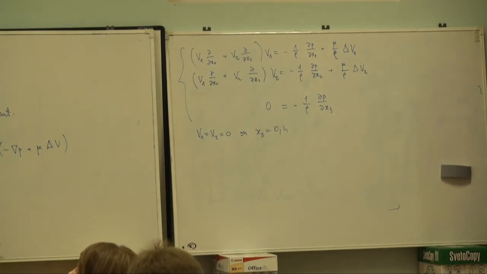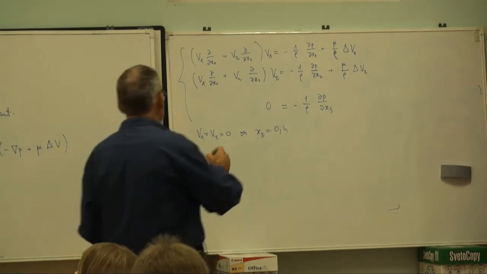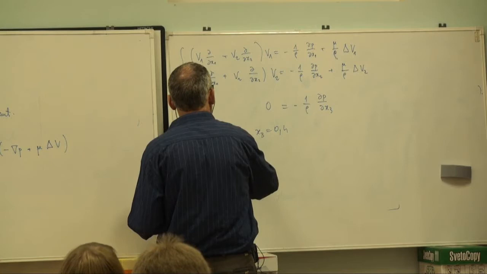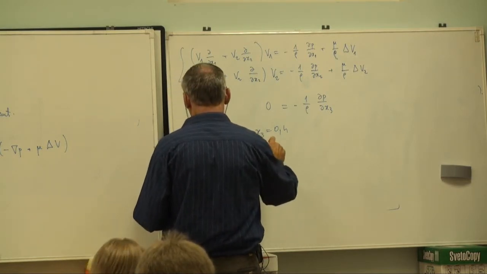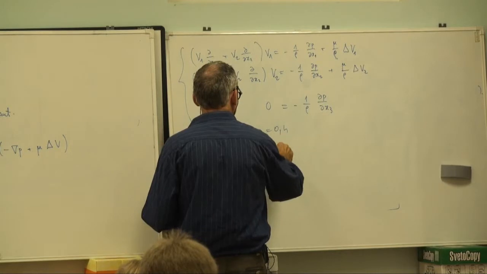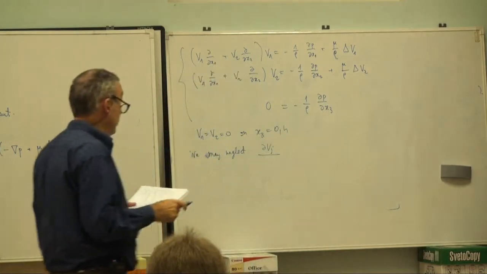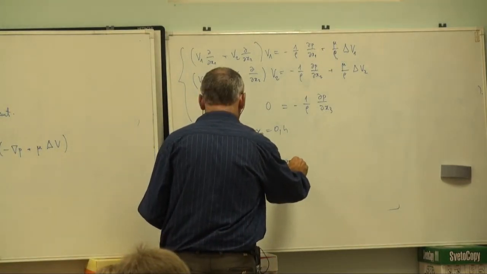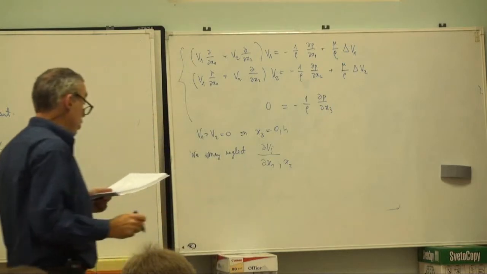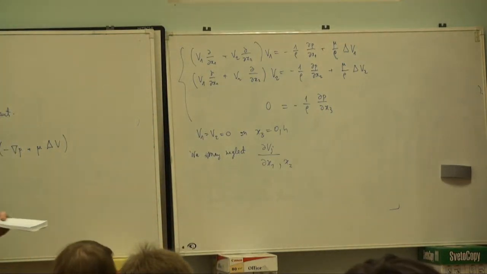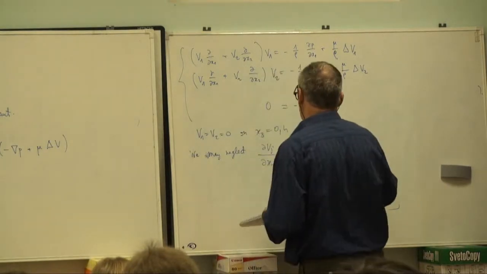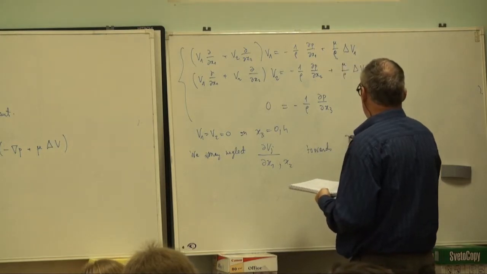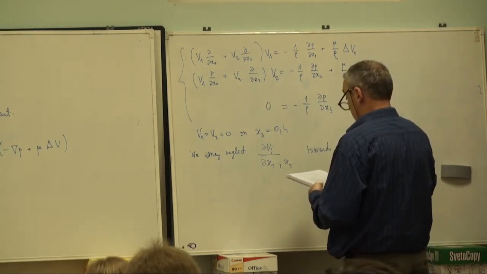And this means that we may neglect the derivative of vj, j equals 1 and 2, with respect to x1 or x2, compared with the derivative with respect to x3, dvj over dx3.